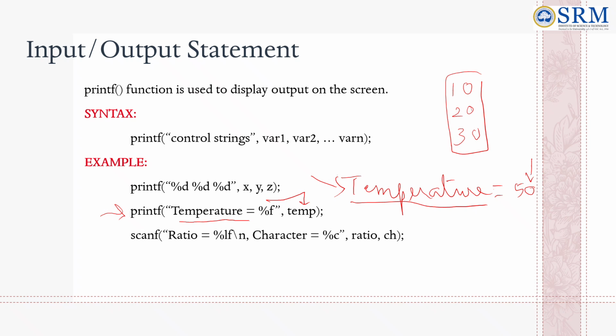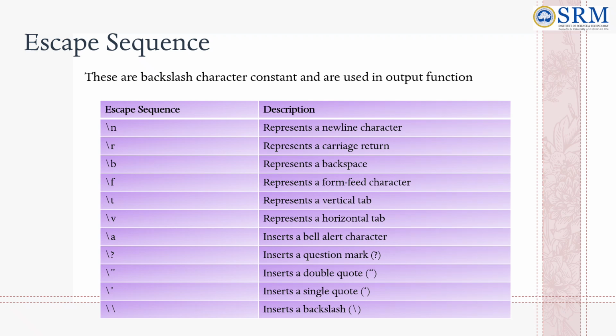So here is an example of an input statement using scanf, and this is an example for a printf statement. And finally, here are the backslash character constants, also called escape sequences. These escape sequences are used only in output functions, that is the printf statement.